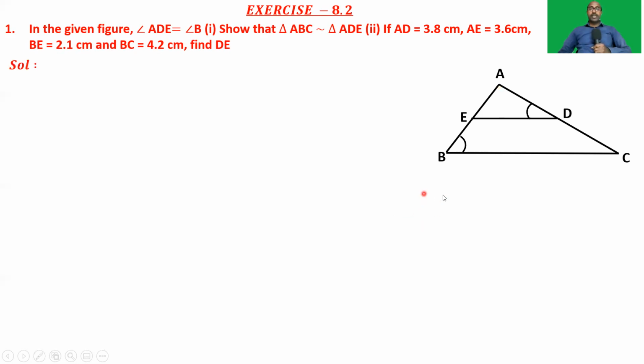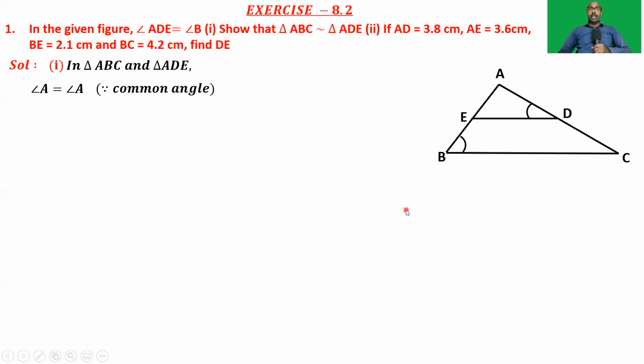So, in this figure, it is given that angle ADE is equal to angle B. Now we have to prove that triangle ABC is similar to triangle ADE. So in triangle ABC and triangle ADE, we have angle A is equal to angle A. This angle A is the common angle in both the triangles.